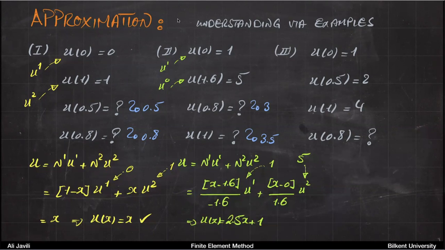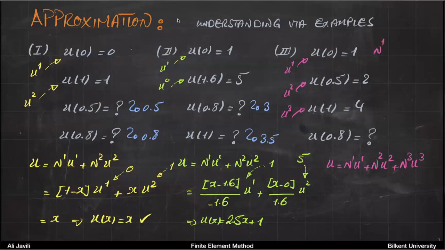For the cubic one, we play the same game, except that now we have one more function. So it would be N1 u1 plus N2 u2 plus N3 u3. Okay, so this step is not too complicated. And then again, the nodes are, this is basically node 1, so that is u1, this is u2, this is u3. And if we want to write those functions, now again, remember how we write those functions.